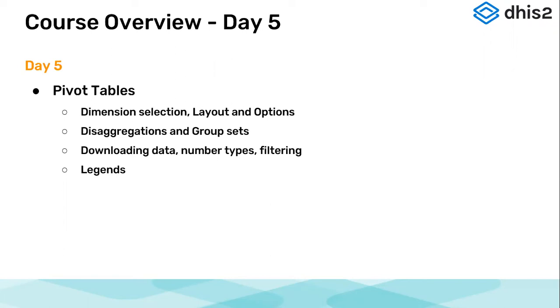So we are reviewing what we did on the previous day, day 2. We will discuss dimension selection and also the layout and options which are there in the pivot table application. Then disaggregations and group sets, and then things such as downloading the data, number types, filtering, as well as how to apply legends. So this is what we'll be discussing related to the pivot table on day 5.